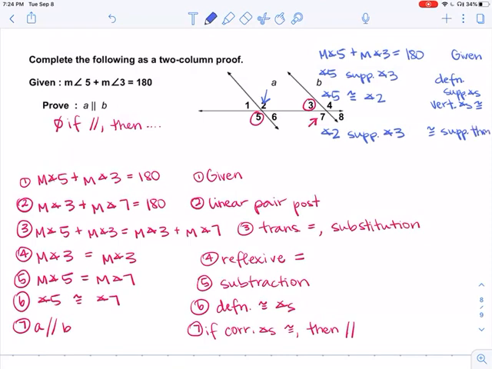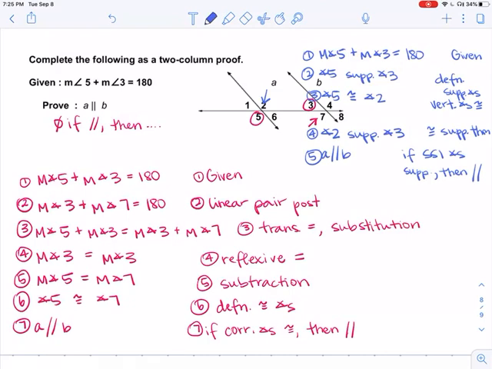And if 2 and 3 are supplementary and they are a same side interior pair, then I know that my lines are parallel. So A is parallel to B because if same side interior angles are supplementary, then lines are parallel. So we've got 1, 2, 3, 4, 5 steps here.